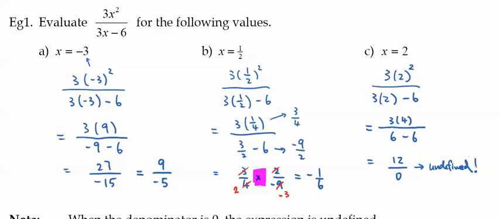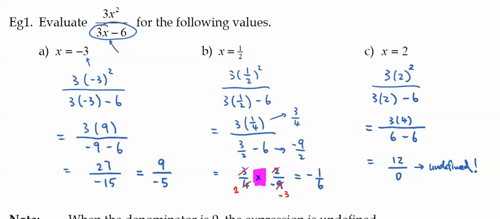Or in other words, when we have x equals 2 for the expression, it will turn the denominator into 0, making the whole thing undefined. And therefore, we try to avoid using this number. Every rational expression gives us something. But there are values that we don't want to use.